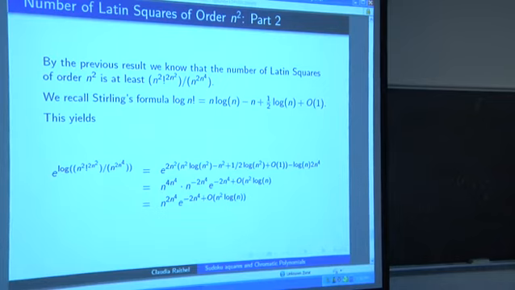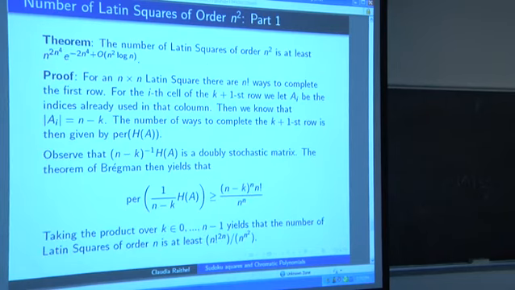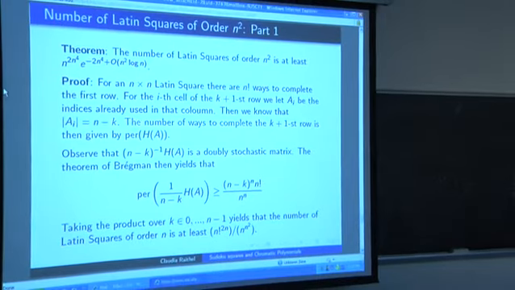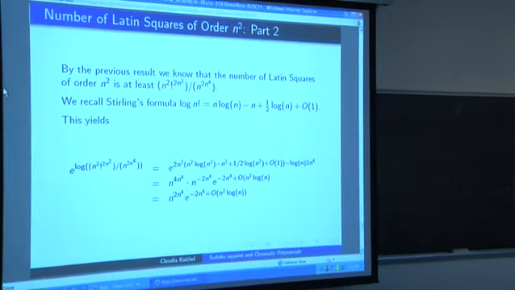So you know that the number of Latin squares is bounded below by that. Sorry, the number of Latin squares of order n squared, because we got this result on the last page. We got the n factorial to the 2n, and then we plugged in n squared on this slide and applied Stirling's formula to get our result.